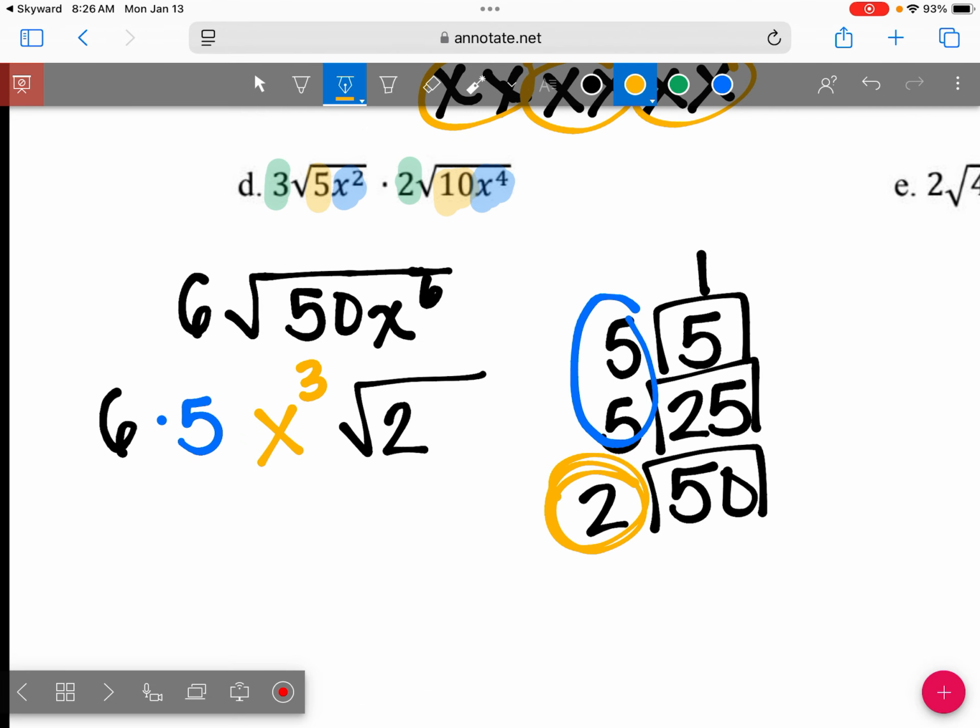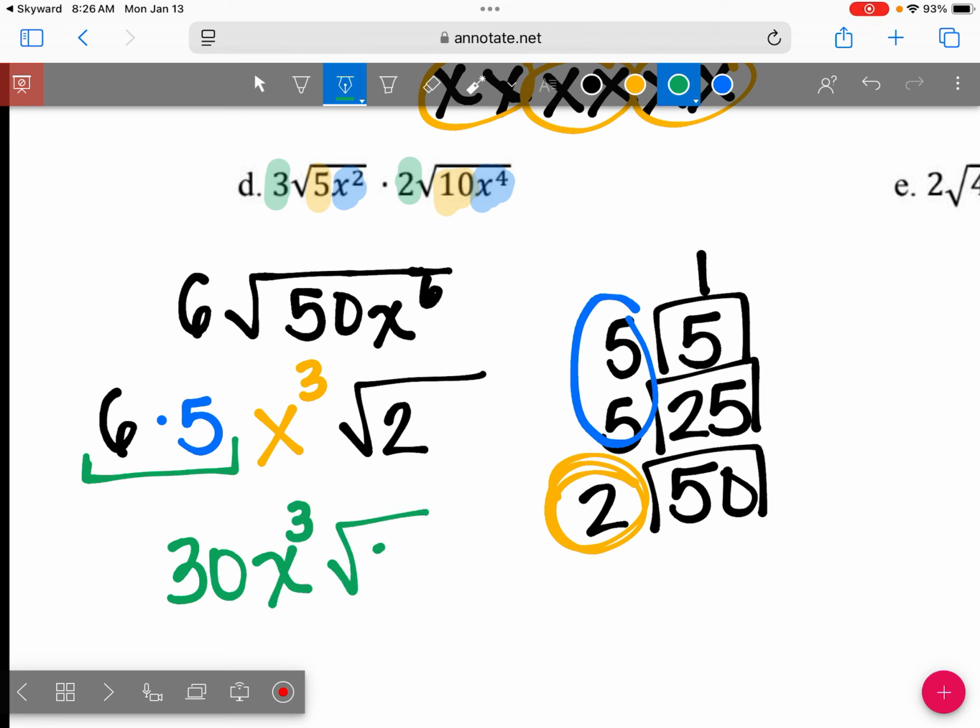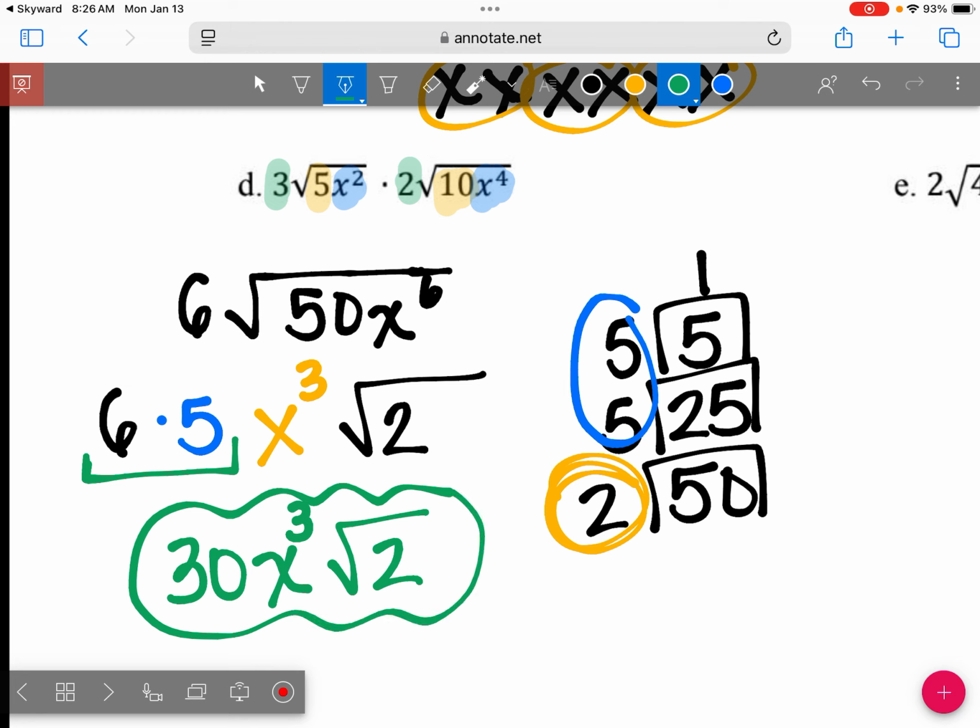So the only thing we need to do is clean up anything left out. So this 6 times 5, we need to multiply them together. What is 6 times 5? So we have to take the 6 and multiply it by the 5, which is going to give us 30 x cubed, and the square root of 2. And that would be our final answer.